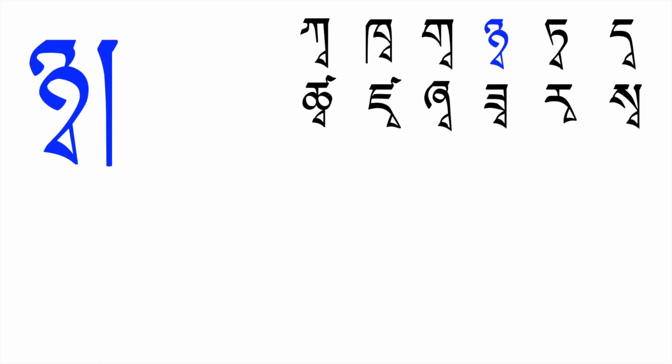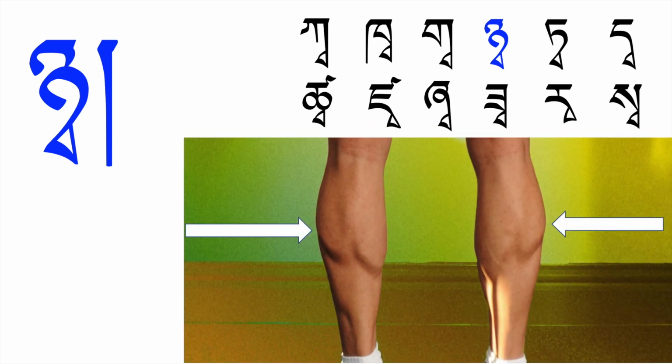Nya Wassur nya: you know that one, it means calf. Without Wassur, nya alone means fish.